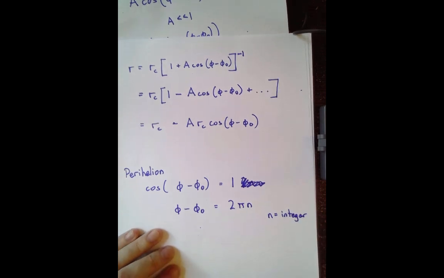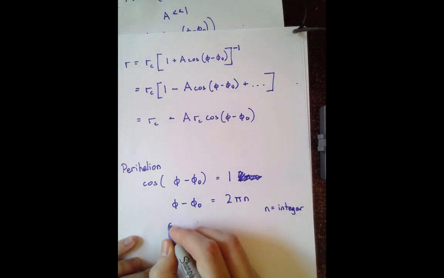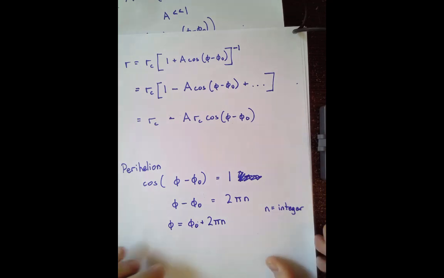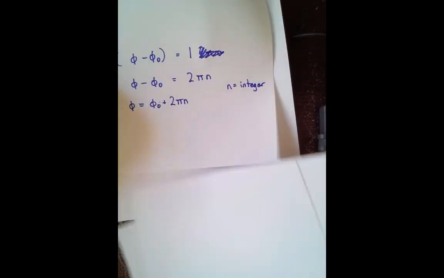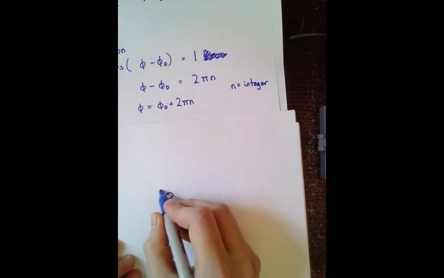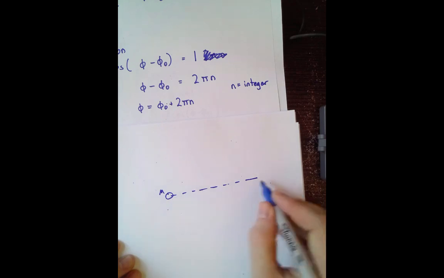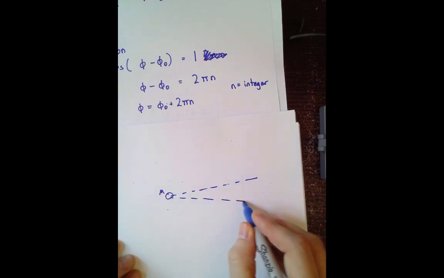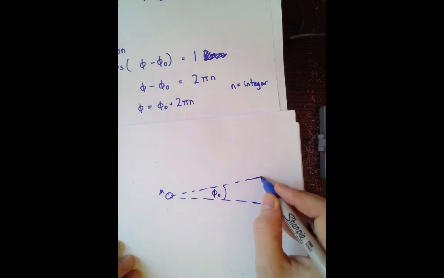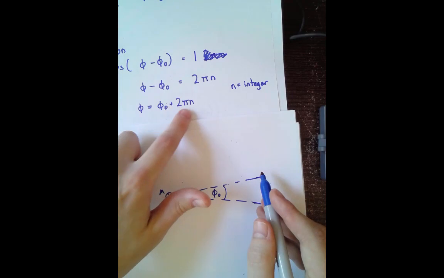Okay. How often does it pass through the perihelion? Well, let's rearrange this and write φ is equal to φ₀ plus 2πn. So that just means that if here's the central mass, and let's say this is our starting point, φ₀, then it's equal to 2πn.